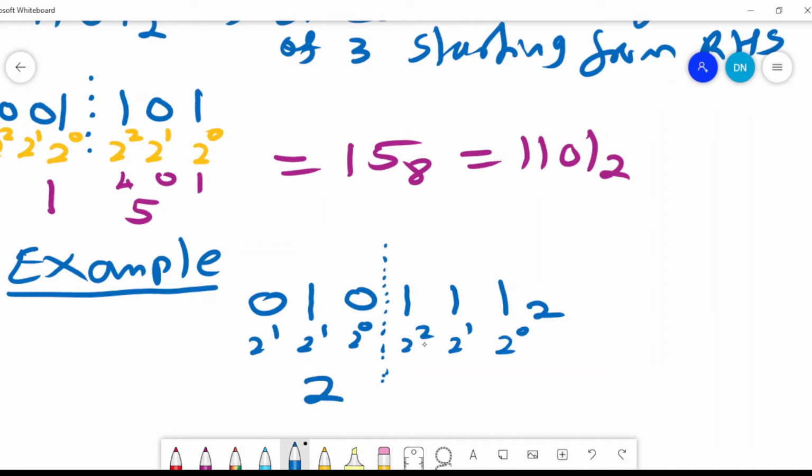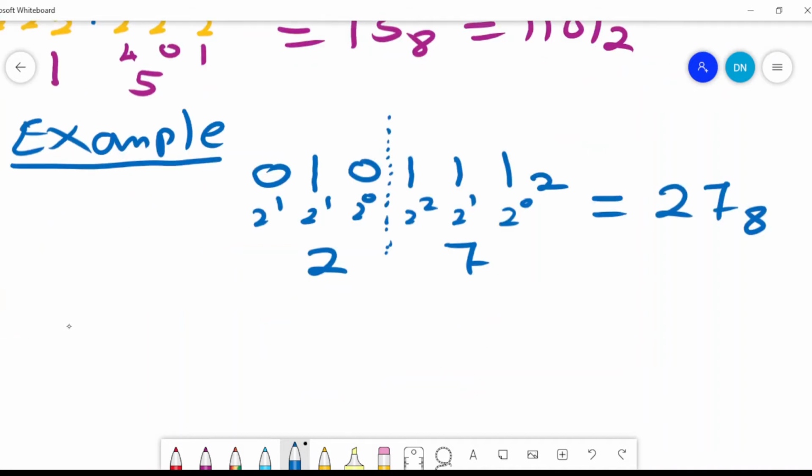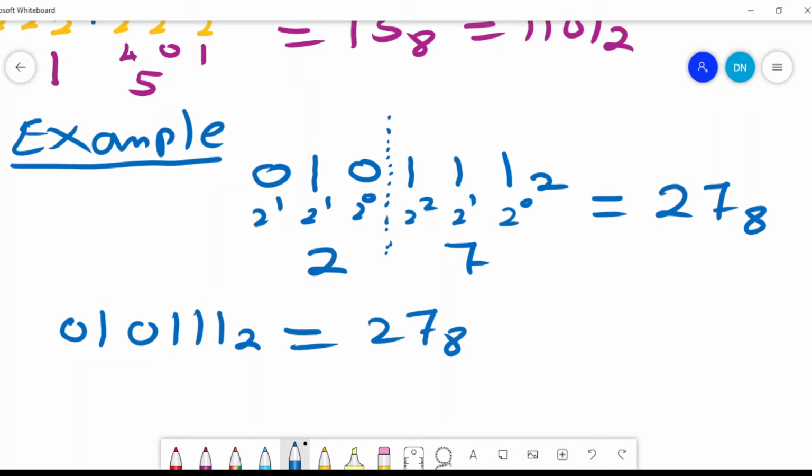Everything else is 0. So this is 4 plus 2 is 6 plus 1 is 7. So 0, 1, 0, 1, 1, 1, 2 is equal to 27 to base 8.